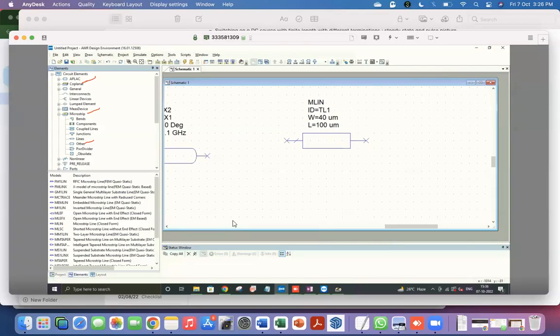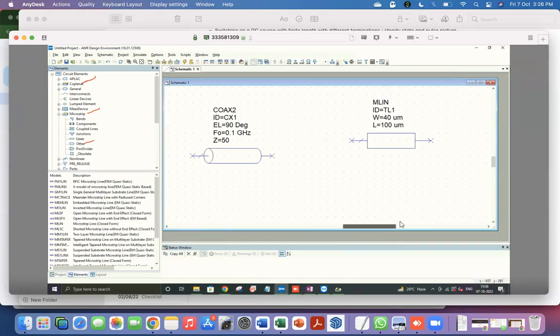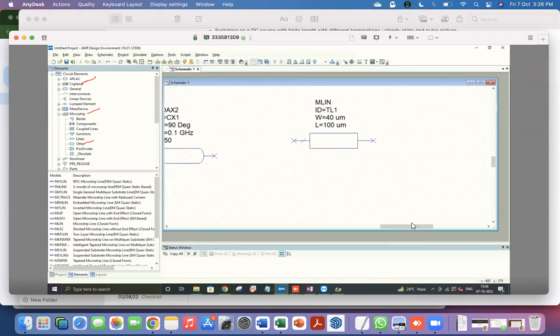So remember, the simpler model is the one where you specify the impedance, the frequency, and the electrical length. Now we have a physical model, which means we are defining the geometry of the system. So what numbers define the geometry of a microstrip transmission line? What's missing here? The height is missing.